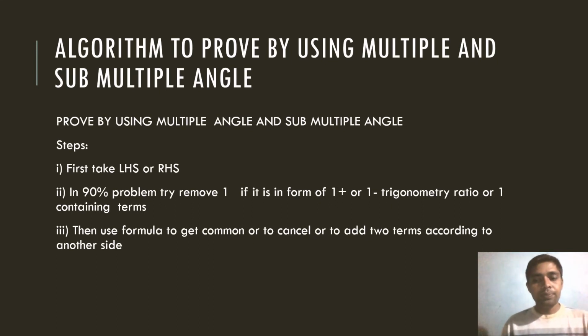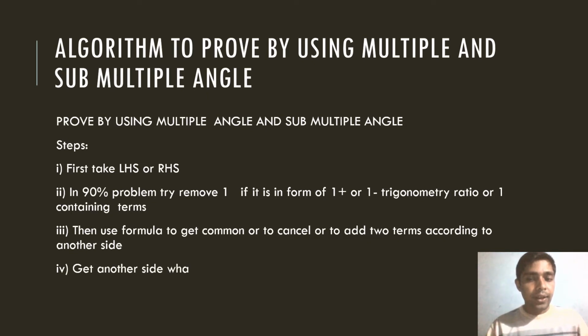So we have to think first about what we'll get and how we'll solve, before using the formula in step 3. Then in the fourth step, get the other side, what to prove. Getting the other side means we'll look at the other side and convert the trigonometrical ratios into that format only, so that we can reach the other side.